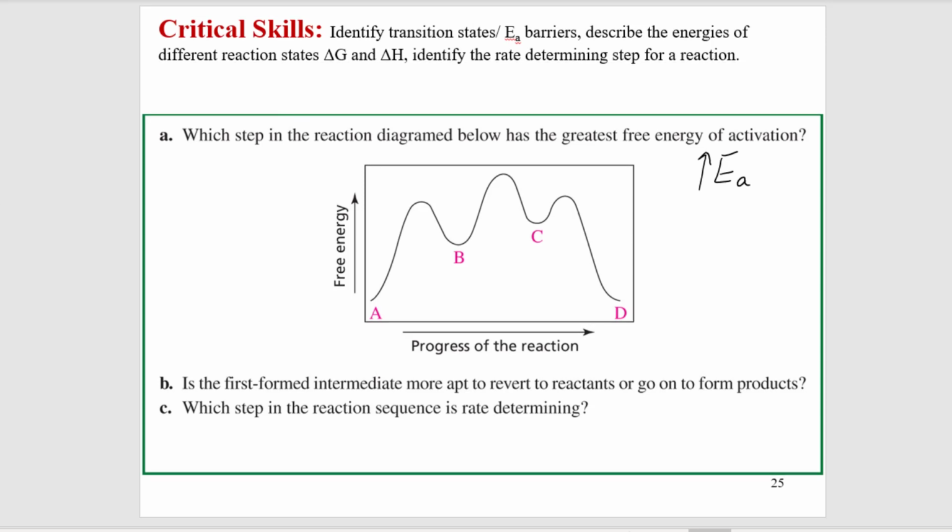So what you have to do is you have to look at the difference, right? From A to the transition, or B to the transition, or C to the transition. There are 3 activation energies.